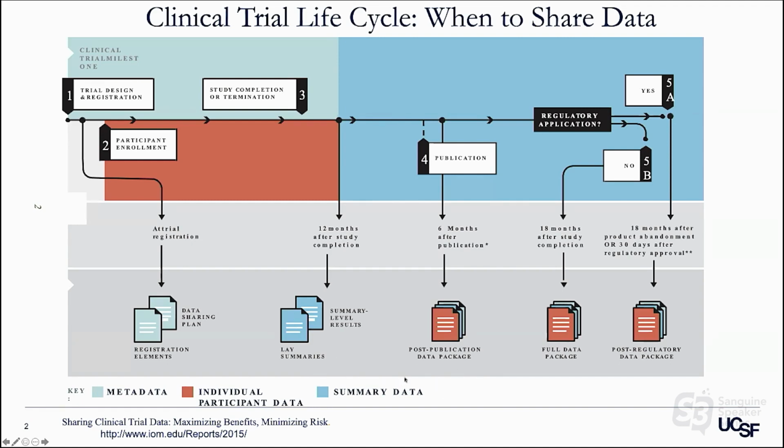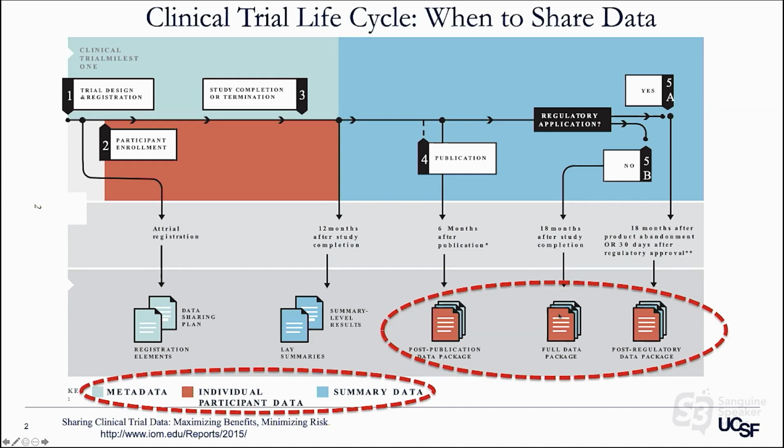And that's called mostly the summarized data. And then, once all the data is analyzed and ready for publication or for submitting to the regulatory agencies, there are post-publication data packages, the full data package. And so you can see here the breadth of data that is getting collected during the clinical trial life cycle.